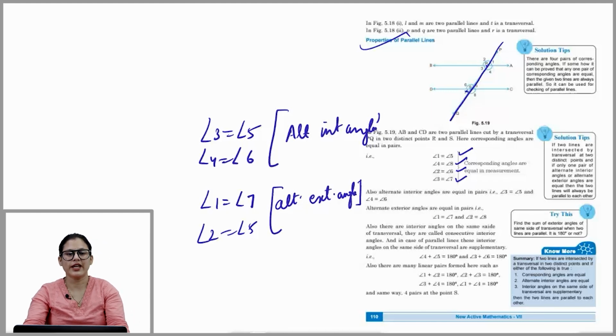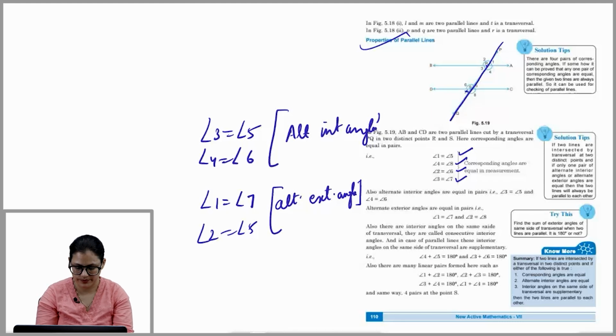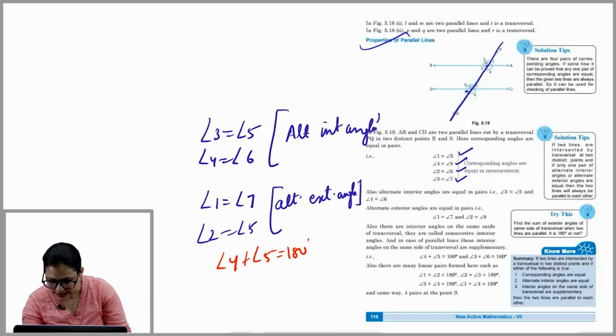Also, there are interior angles on the same side of the transversal, they are called consecutive interior angles, and in the case of parallel lines, these interior angles on the same side of the transversal are supplementary. For example, 4 and 5. Angle 4 plus angle 5 is equal to 180 degrees, and similarly angle 3 and angle 6.